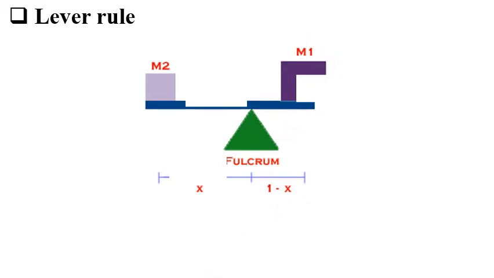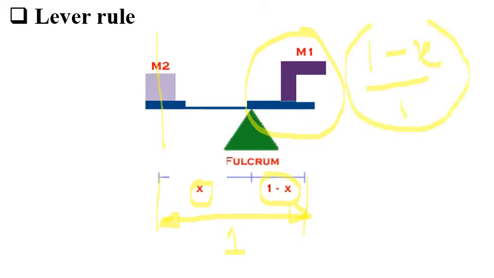Normally what we write is, if I take the overall length as 1, and the distance from the fulcrum to M2 as x, the remaining will be 1 minus x. If I want to find the amount of load to put on this one, we need to stand here, and we write this as 1 minus x divided by 1, the length of the opposite arm divided by the overall length of the arm.